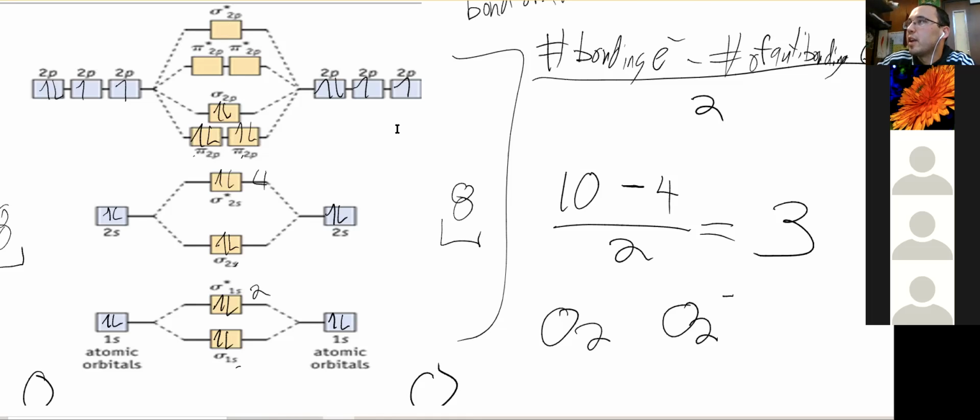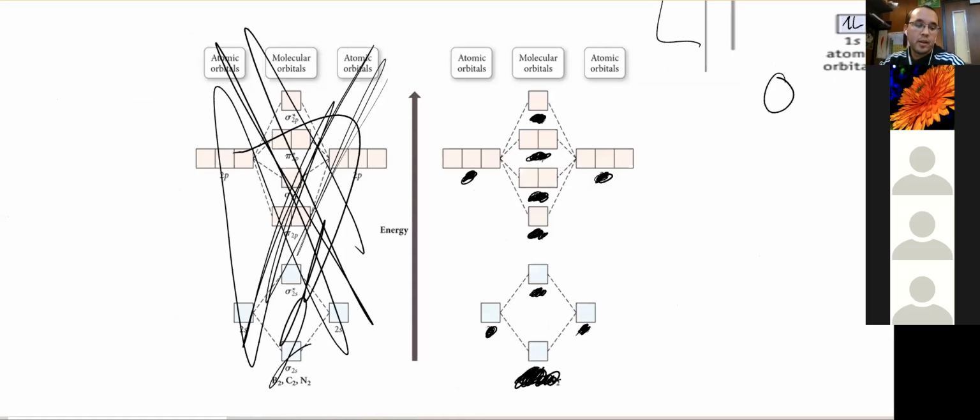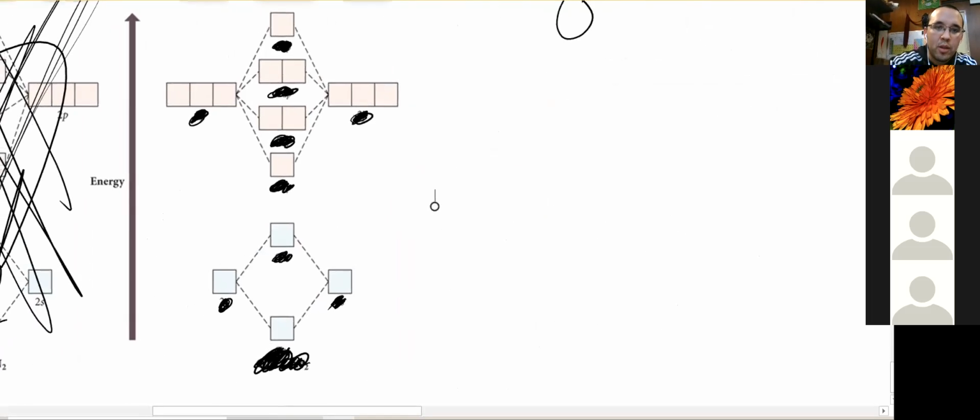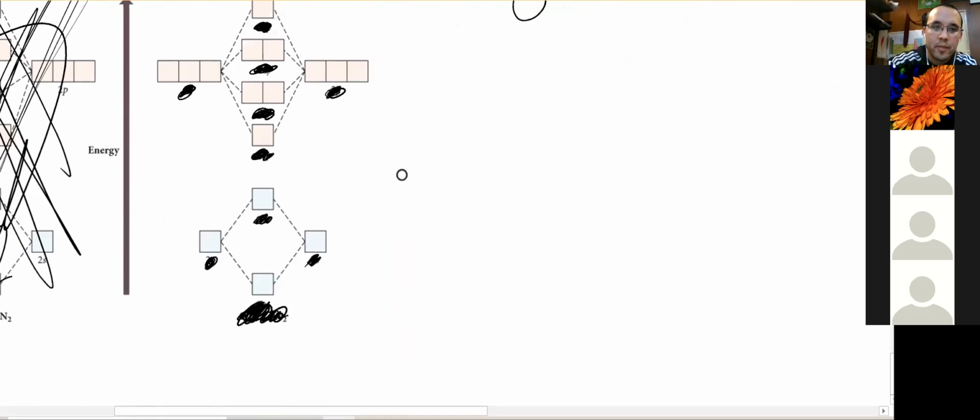It's not the subscript of the element. You're dividing by 2 because each bond is 2 electrons. So we have our molecular orbital diagram here.